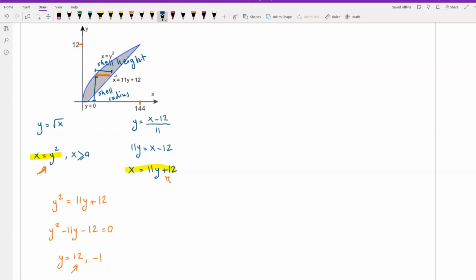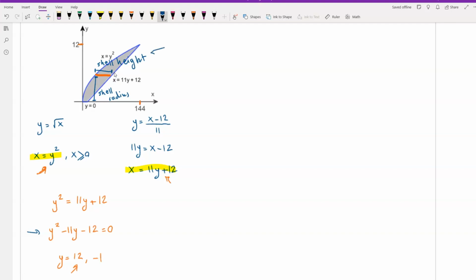So the shell height is equal to what we have here, or 11y plus 12 minus y squared. So it's based on what we have here, but I'm just using 11y plus 12 minus y squared as shell height.